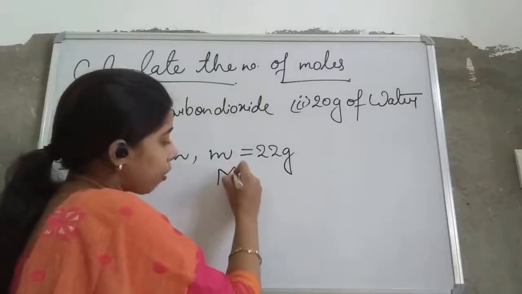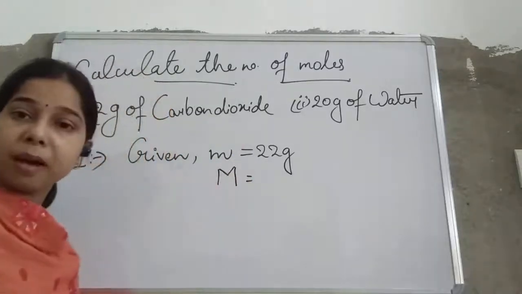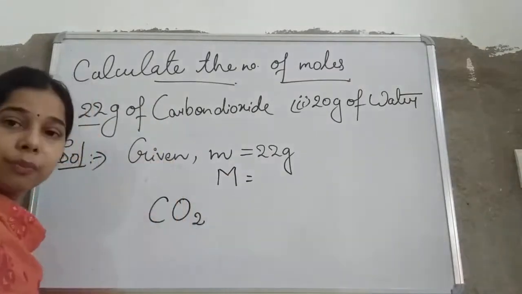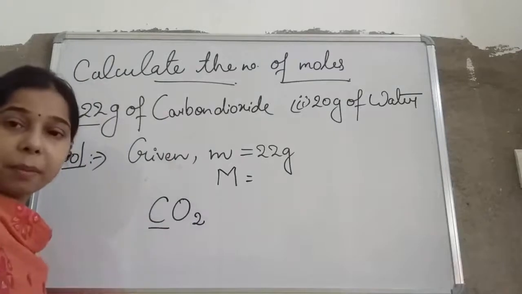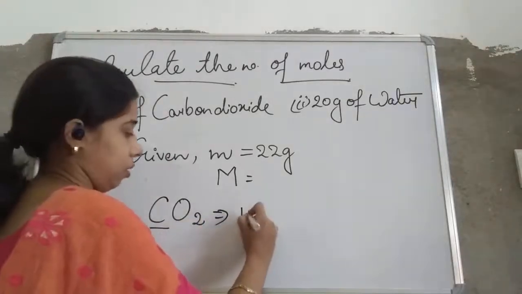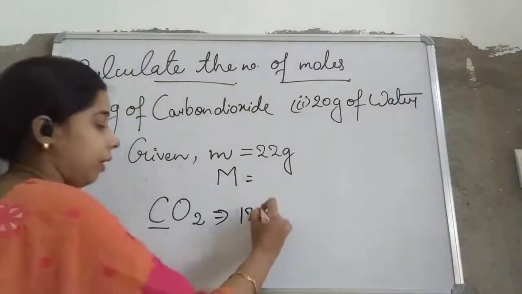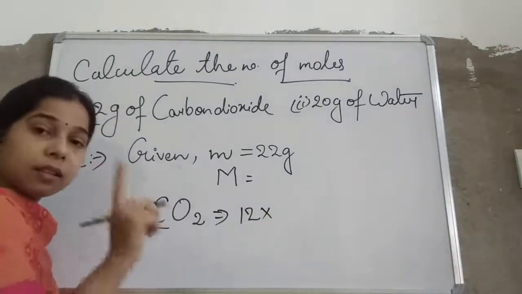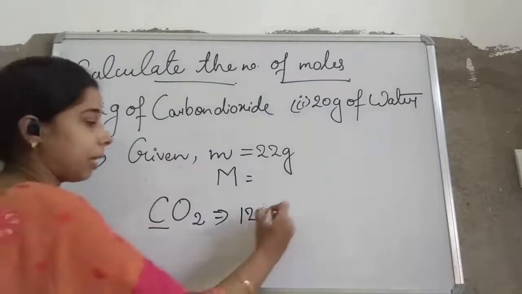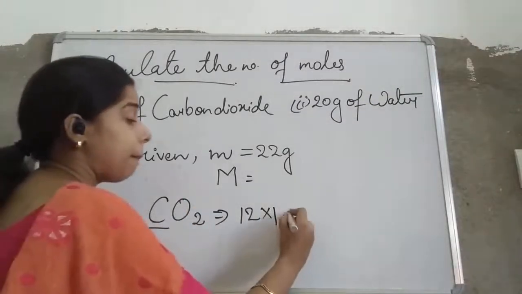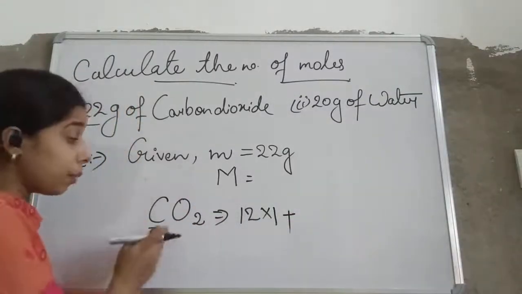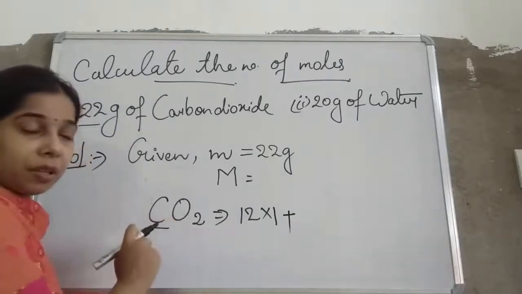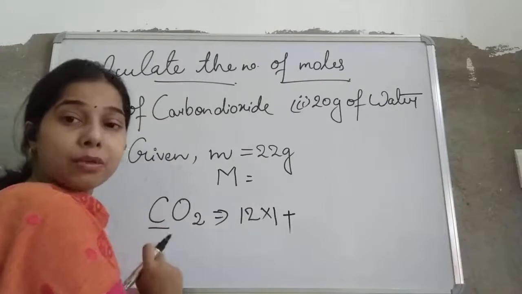So for carbon dioxide we can find the molecular mass. How? CO2. The atomic mass of carbon is 12, into how many atoms are attached? One carbon is there, so we multiply with 1, plus. Why this plus, student? Because we are moving to the next element. Oxygen: what is the atomic mass of oxygen?